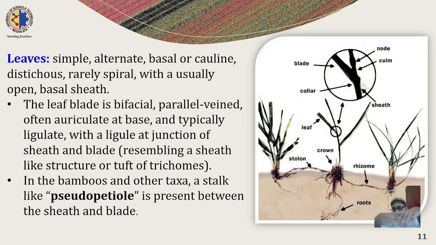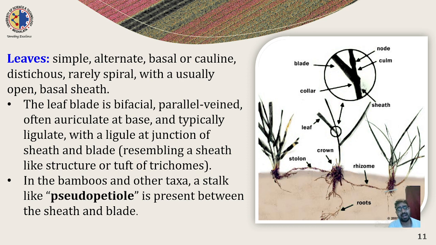Here you can see the sheath is covering the stem, nodes, culm meaning the stem, and then the blade and collar of the leaf. The leaf blade is bifacial. The leaf blade has two faces and has parallel veins. Parallel venation is the characteristic feature of all monocots. Often auriculate at the base.